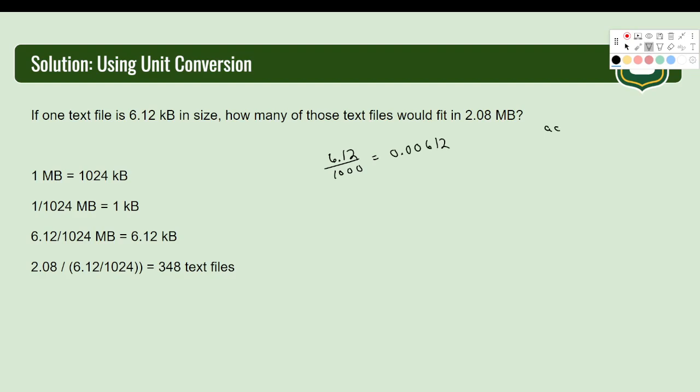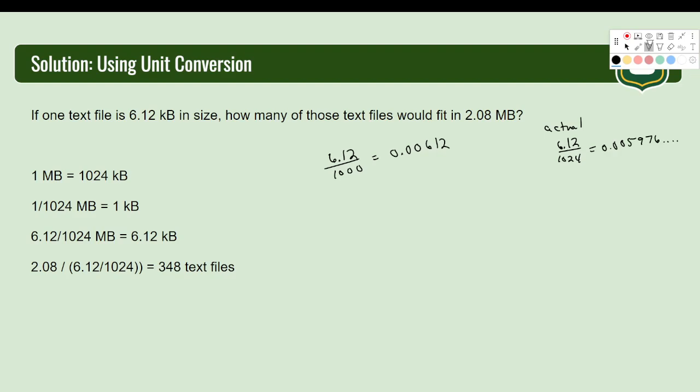Now, just to compare that, guys, if you do it by 1024, I'm going to do this in my calculator real quick. You get 0.005976. So it's not a pretty number.